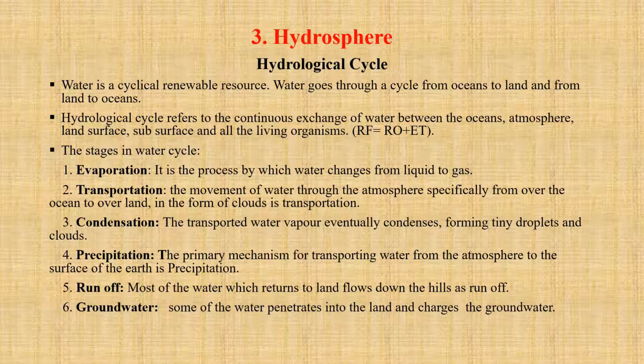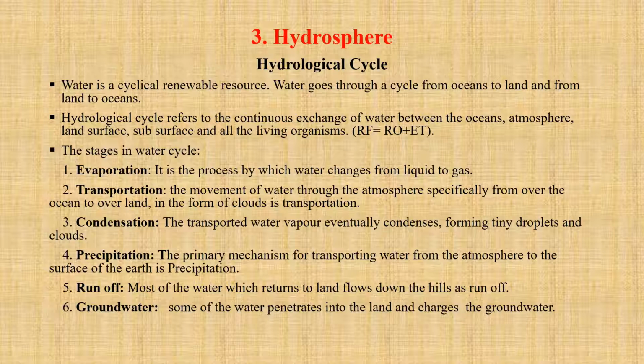We know that water is a recyclable, renewable resource. Water goes through a cycle from oceans to land and from land to oceans. The hydrological cycle refers to the continuous exchange of water between the oceans, atmosphere, land surface, subsurface and all the living organisms.